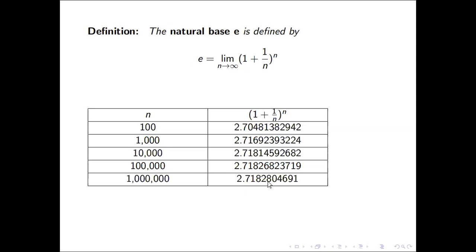Now, if you use even larger values like 1 trillion, you won't get very far from this value here. Correct to 9 decimal places, we have the value of e as 2.718281828. You can get that by using your calculator and pressing e raised to 1, or sometimes just e, then the equal sign, okay?